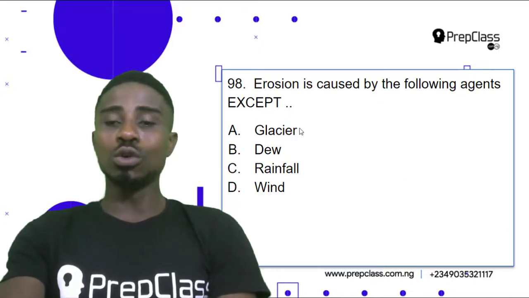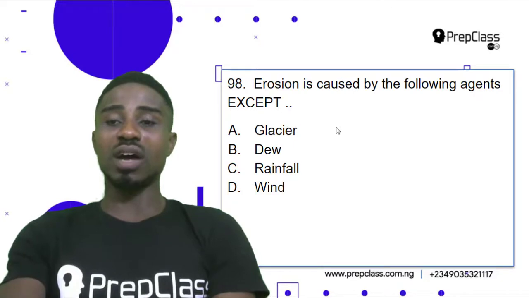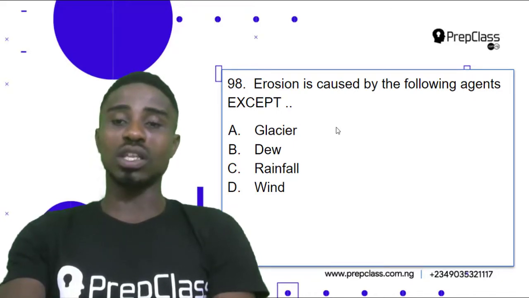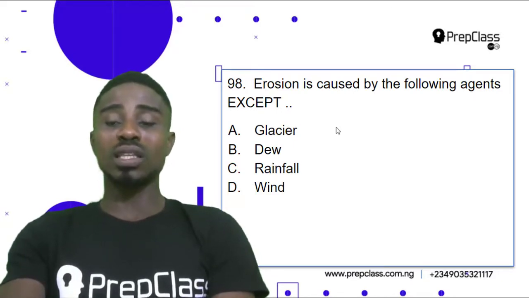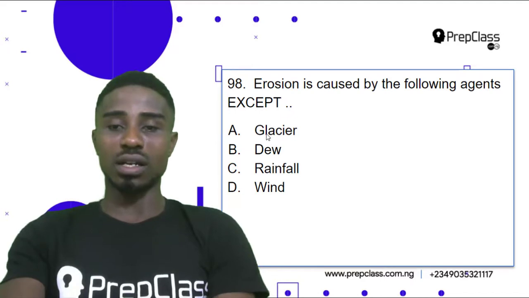Glacier is a huge mass of ice moving on the land. So, as the huge mass of ice is moving on the land, it is carrying away some earthen material. Most of the earthen materials are worn out and being transported. And that leads to erosion. So glacier leads to erosion and is not our correct answer.